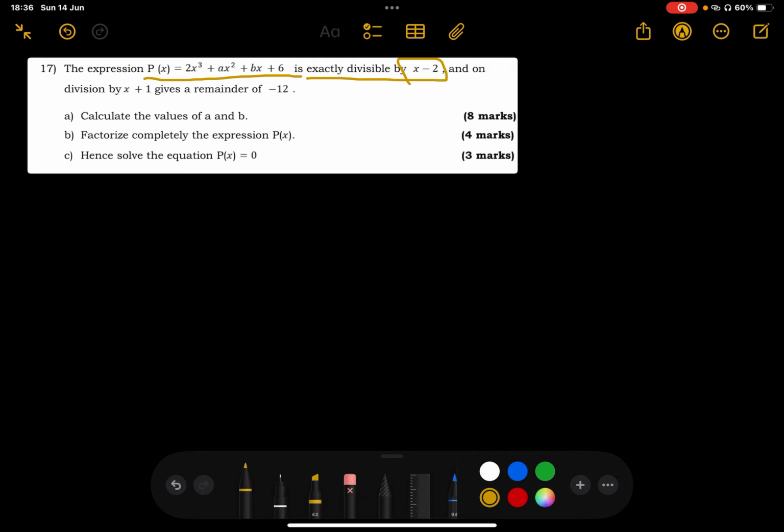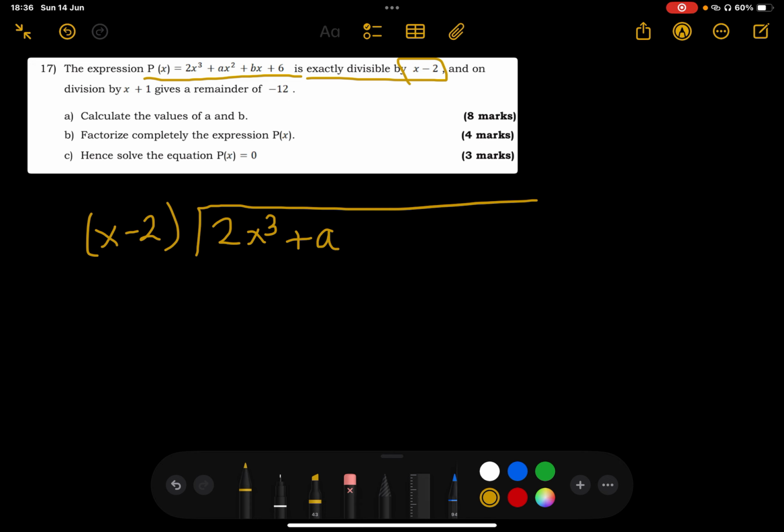So we do long division into this: 2x cubed plus ax squared plus bx plus c. Okay, so let's do some long division. So x goes into this.